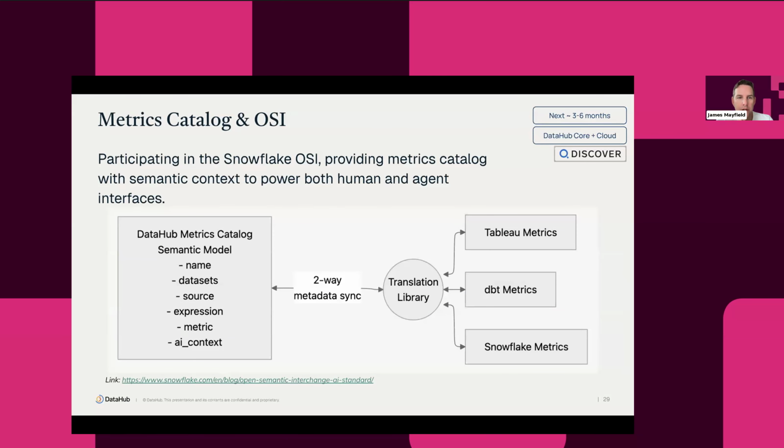One thing that's very near and dear to my heart is the metrics catalog and the OSI, which stands for the Open Semantic Interchange. Snowflake put this together, and we are one of the first participants and the strongest participants from the catalog perspective. When we think about the DataHub metrics catalog, we've been developing this and working with some design partners.